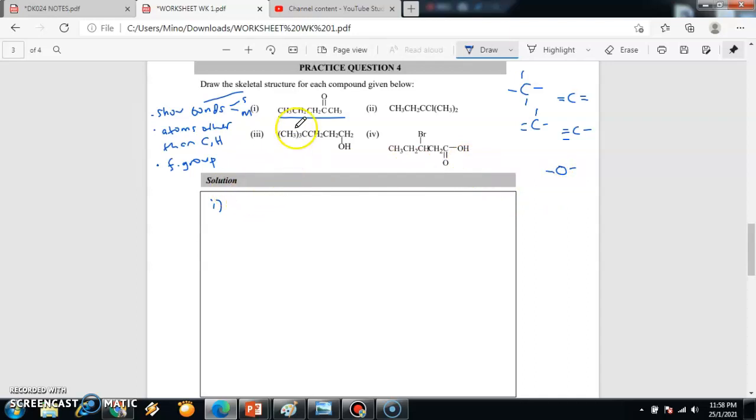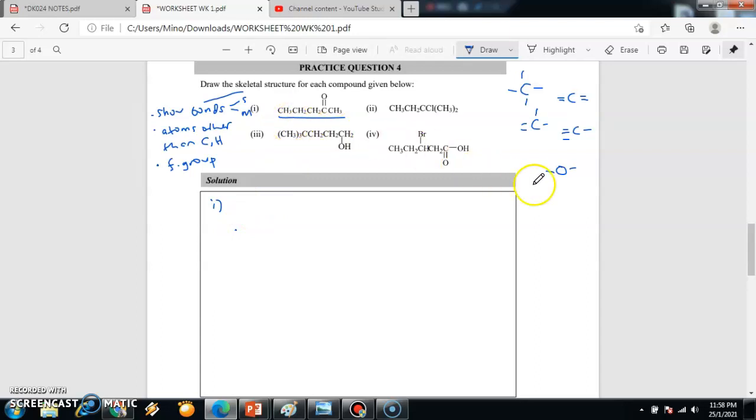Alright, for skeletal we need to only show the bond. So kita tengok carbon yang paling panjang ni tadi ada 5 carbon. Starting to draw the skeletal, once awak letak awak punya pen tu, awak dah form satu titik. Satu titik tu refer untuk satu carbon.